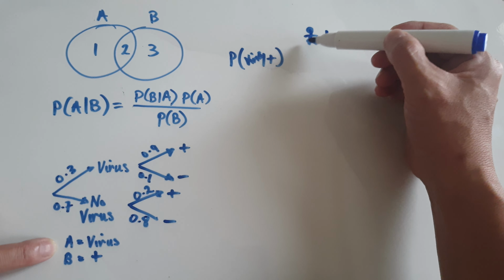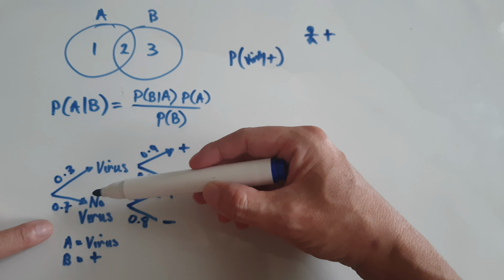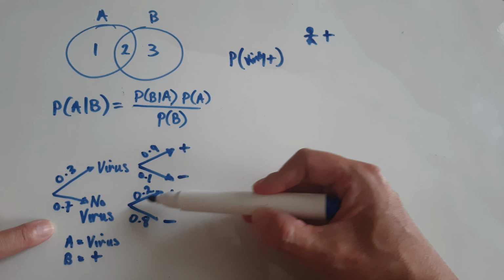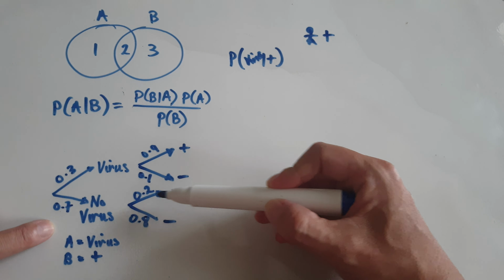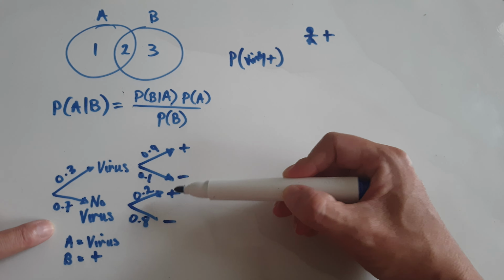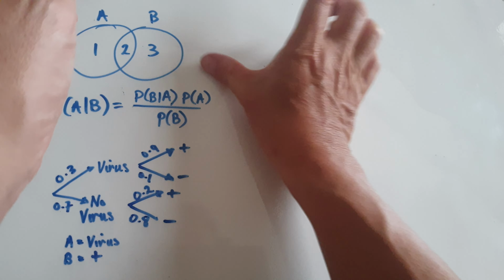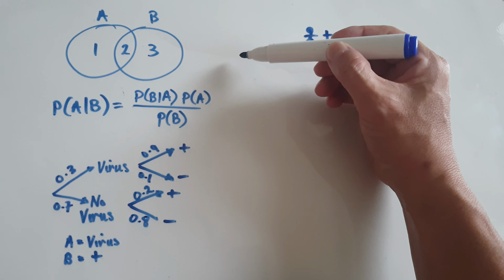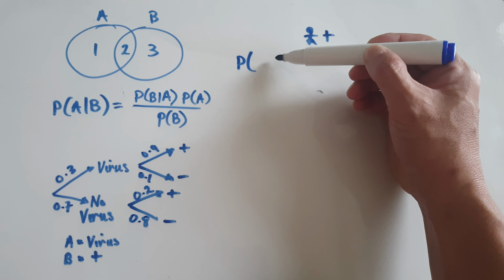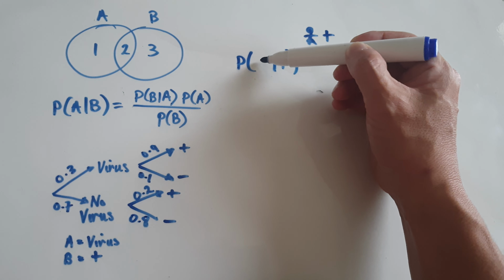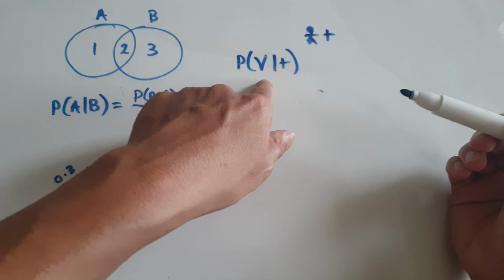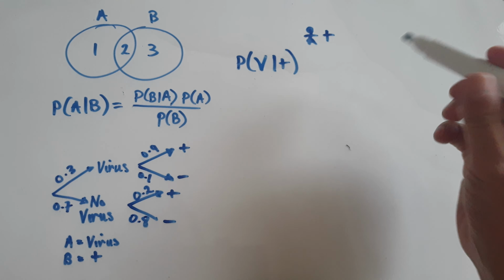What's the probability of this person having the virus? Because you could have no virus and the machine says that you're positive. So there is always this mistake here. So we are trying to find the probability of, given that you're positive, what is the probability of you having the virus? So let's work this out.